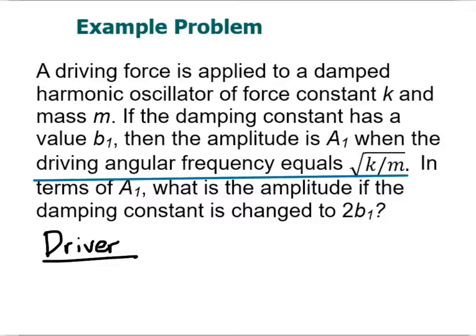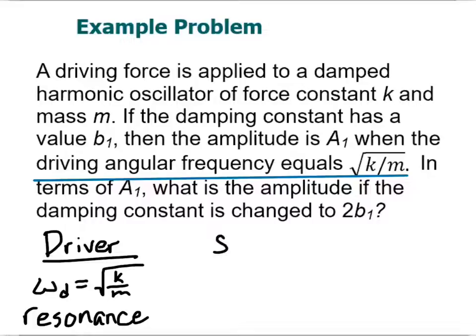I'm going to take some notes about the driver here, because some of this information is important. I know that omega d equals the square root of K over M, which immediately reminds me that's resonance. So this harmonic oscillator is going to be in resonance.